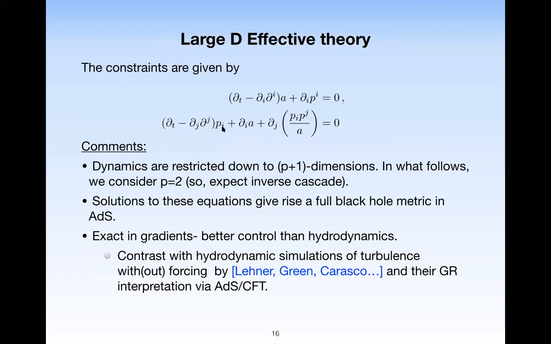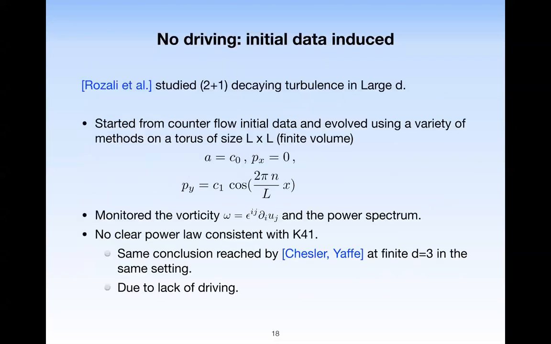Okay, and in principle, such simulations have been done in 3+1 dimensions, in the case where there was no driving, and so the turbulence was induced by initial conditions. Okay, so Amos can correct me, but they did do the simulations.